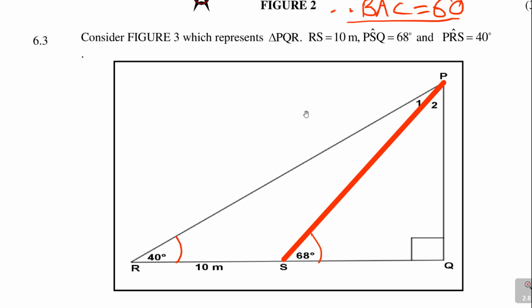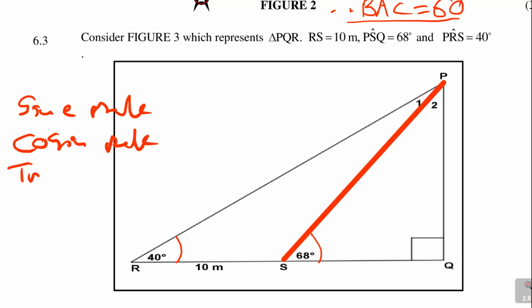Whenever you've got options, you can use, remember, there is the sine rule, there is the cosine rule, and then there are the trig ratios. Those are things that your mind must be playing around with.